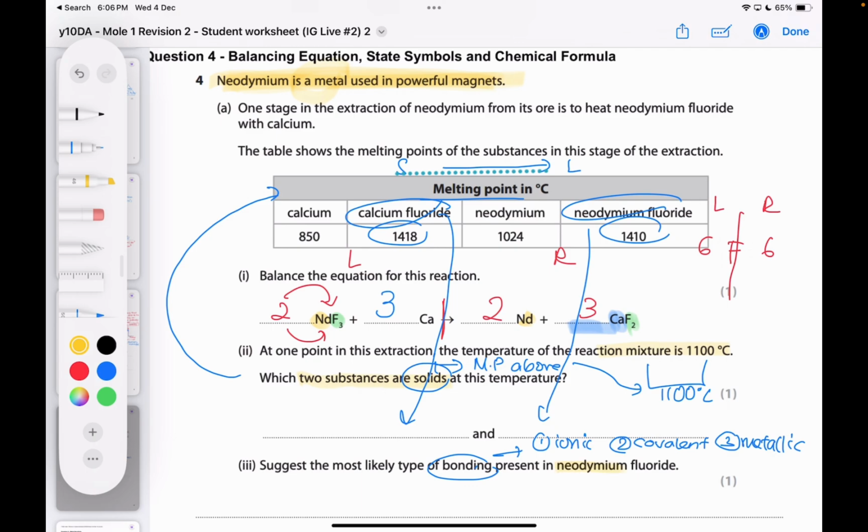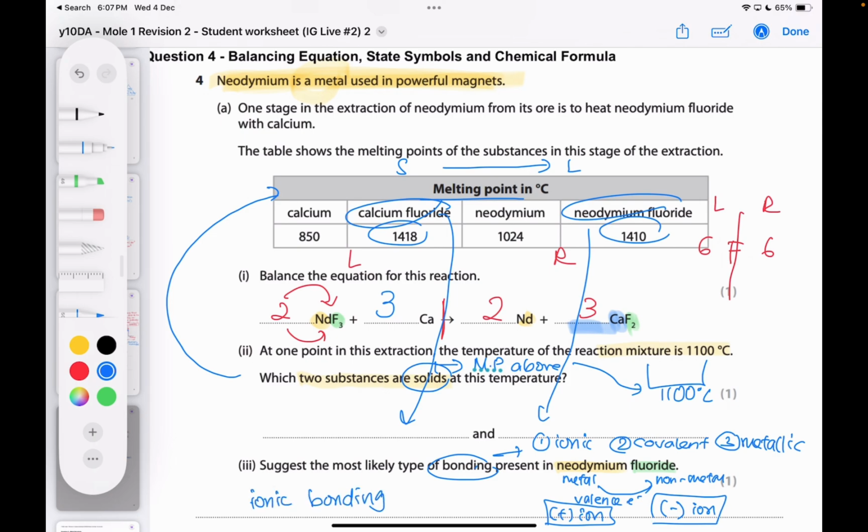So we have got a metal and we've got a fluoride, which is a non-metal. So in the case of a metal, what a metal would do when it's in the presence of a non-metal is it's going to give away its valence electron. And in this case, the metal will become a positive ion and the non-metal will become a negative ion. So when we have positive and negative ion, essentially the type of bonding in here will be ionic bonding.